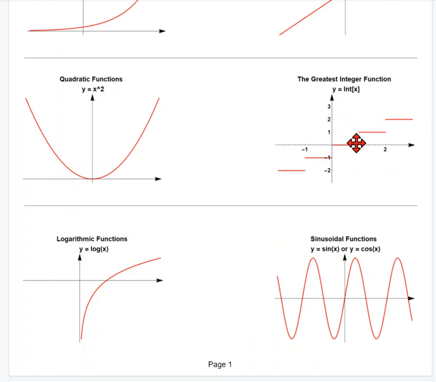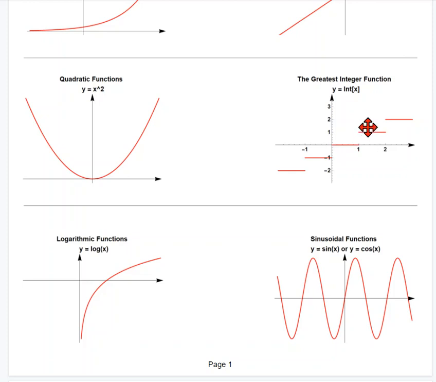This is a function you may or may not be familiar with, the greatest integer function. It is simply a function that takes on the value of the most recent integer that the input has passed. So for example, if I input any value from 0 to 1, the output will be 0.